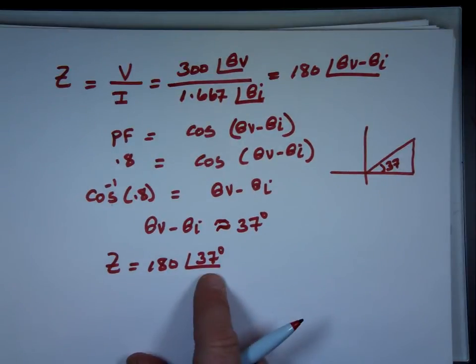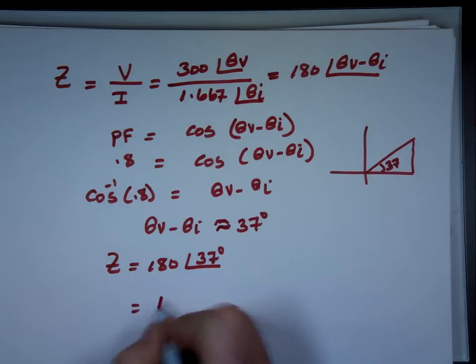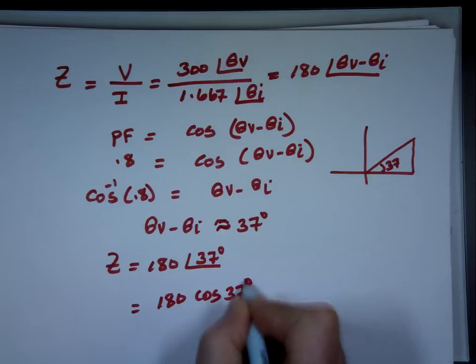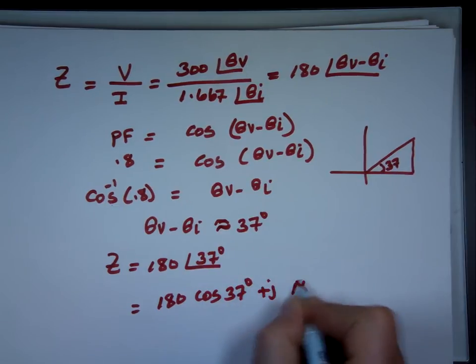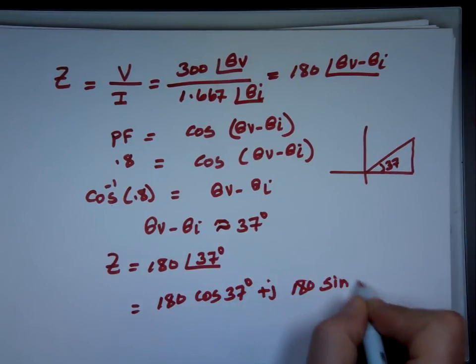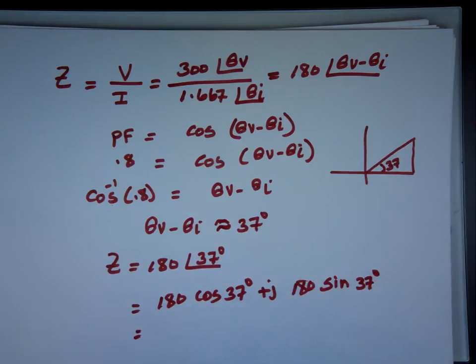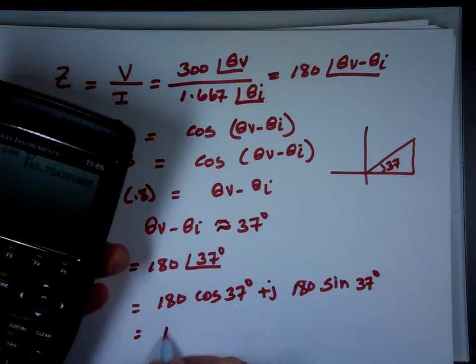Now if you want to break it down, that's 180 cosine 37 plus j 180 sine 37. 180 cosine 37 is 143 point something, how about 144 roughly?